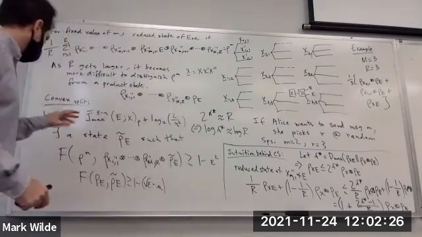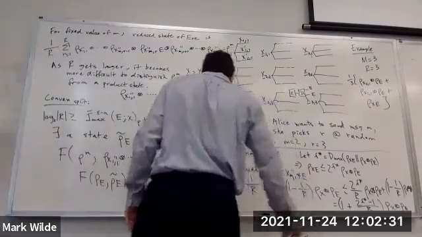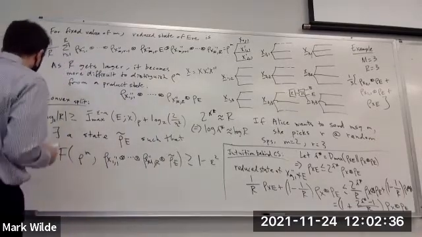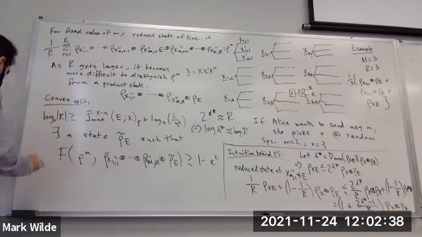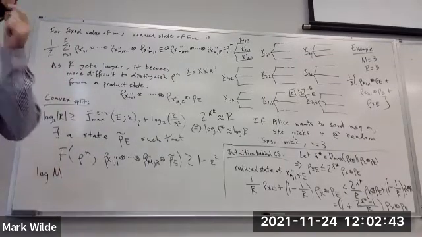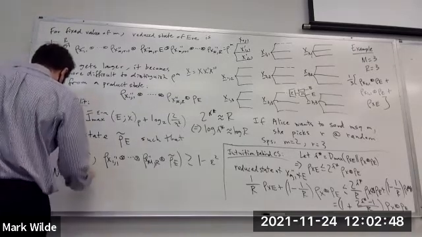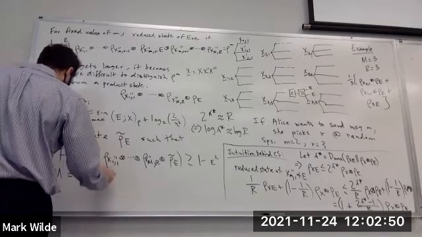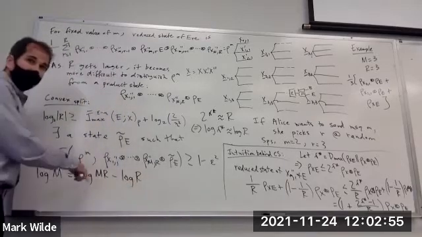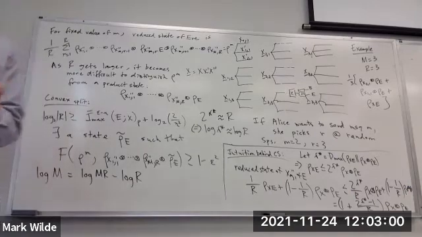So let me just make a final statement about the code and rate. Ultimately, we want to get a lower bound on log m, right? The number of bits you can transmit. This we can write as log mr minus log r, right? This is what Bob can decode. We said Bob would decode both the message and the randomness variable.